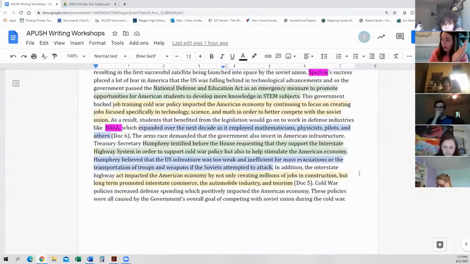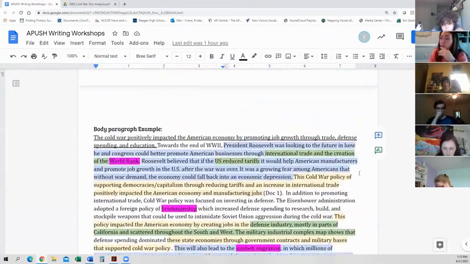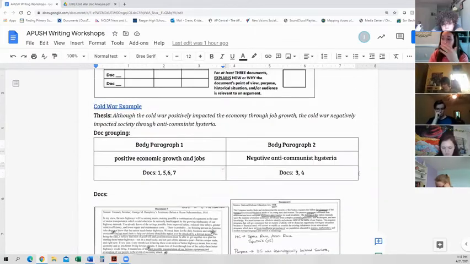So this is a huge paragraph, right? Well, I did that because as you are grouping documents, when you read the prompt and analyze the documents and are trying to figure out what your thesis is going to be, if you notice that one part of your thesis is stronger than the other, like, man, I can nail the job thing, start with that body paragraph first.